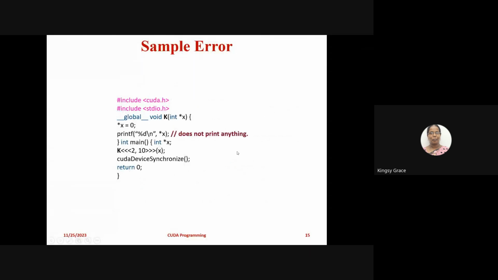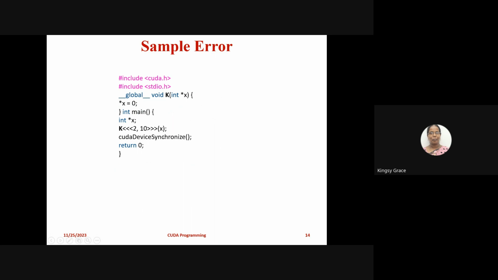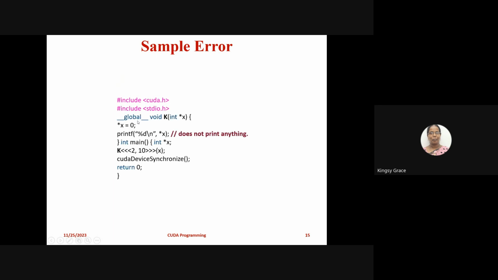See here, the same thing. It won't print anything. Here the printf statement is not given, so anyhow we don't get any result. Even if you have given the printf statements, it won't print anything.